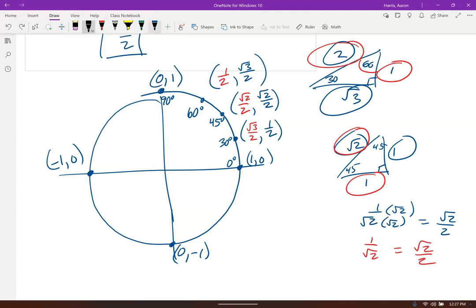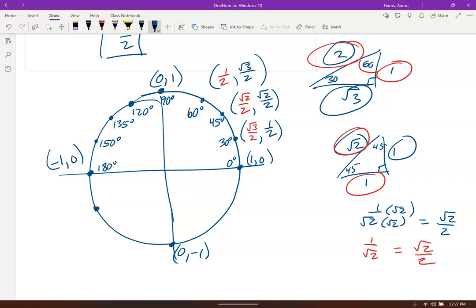Okay. Well, once you have your first quadrant, and I know I haven't filled in the radians yet, I will in just a second. But you can finish out the rest of this because this just goes 90 plus 30, so 120 degrees. And then 90 plus 45 is 135 degrees. And then 90 plus 60 is 150 degrees. And of course, halfway around a circle is 180.